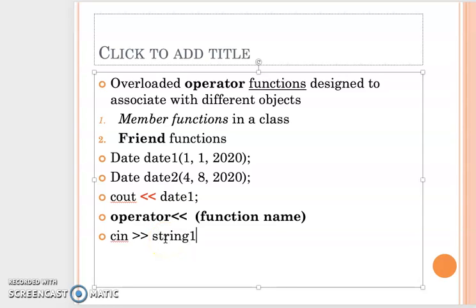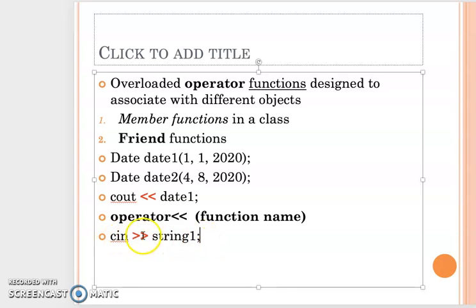We say the string1 object. So this one is actually the same thing. You have one operator, and this operator we call the string extraction operator, because it will read from the input stream into another object.